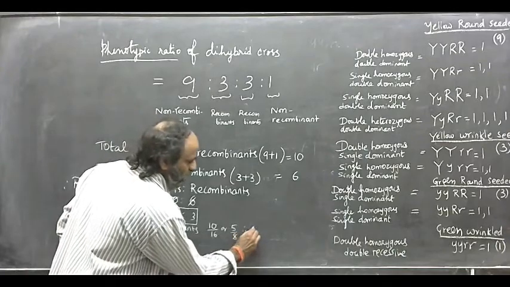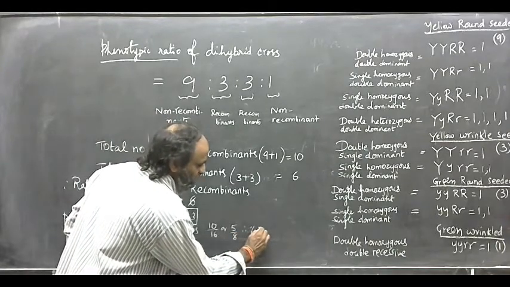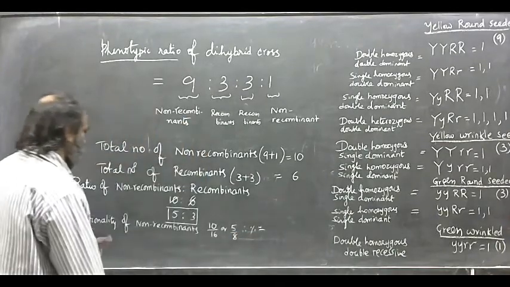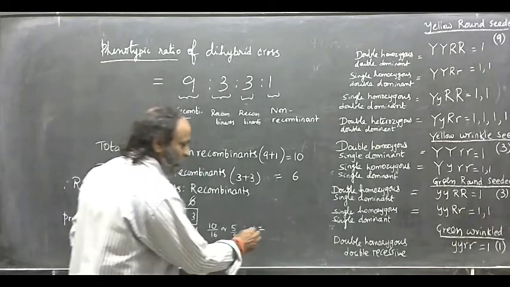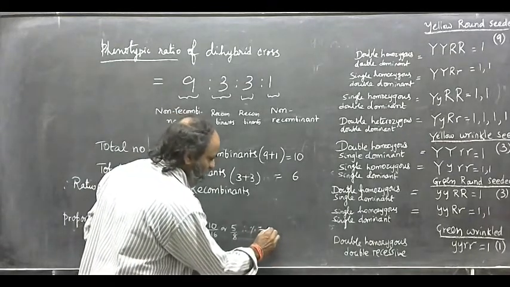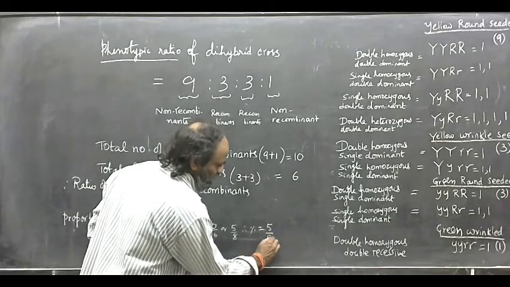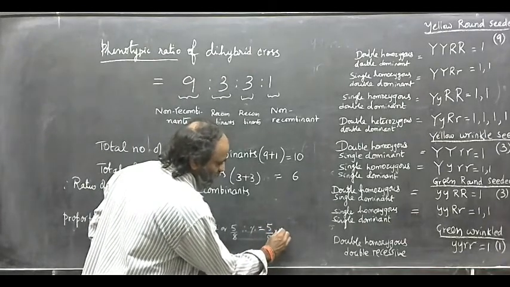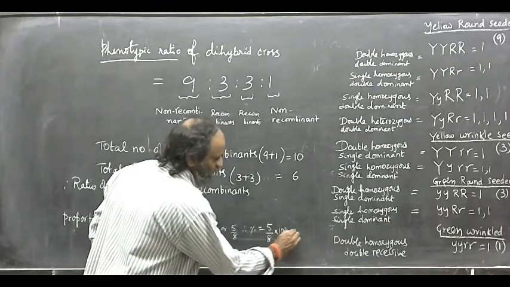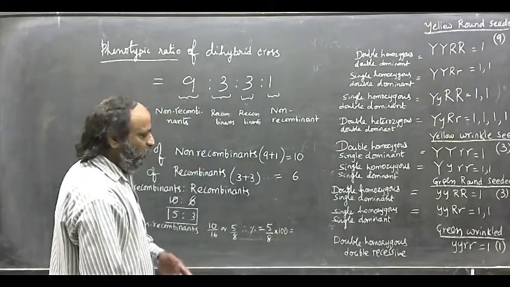Therefore, the percentage of non-recombinants is 5/8 into 100, that is equal to 500/8.